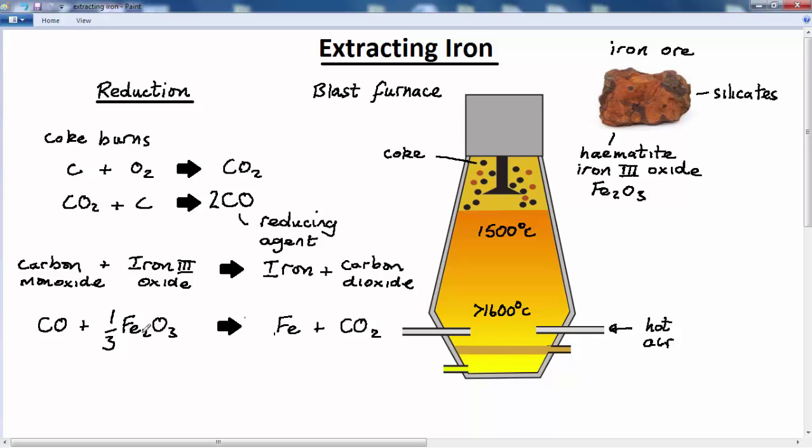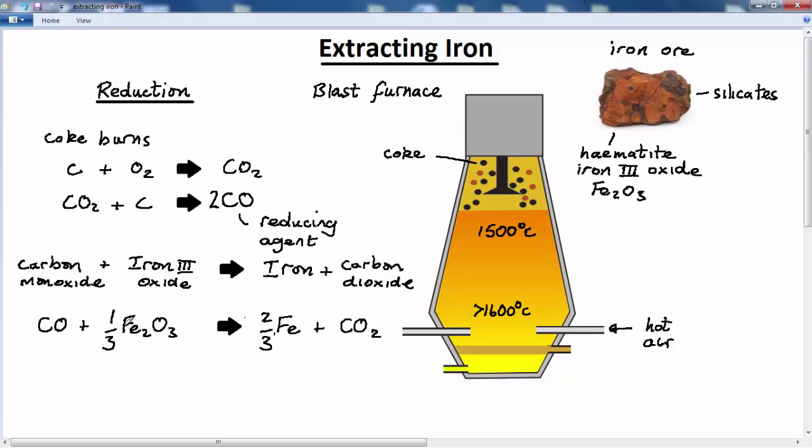So I've got 1 oxygen there and 1 oxygen there. That's 2 oxygens on that side and 2 oxygens on this side. We've got 1 carbon, we've got 1 carbon, but on this side we've got 2/3 of an iron atom. That's to say we've got 2 irons there divided by 3. So I'm going to put a 2/3 there. So actually everything is balanced there.